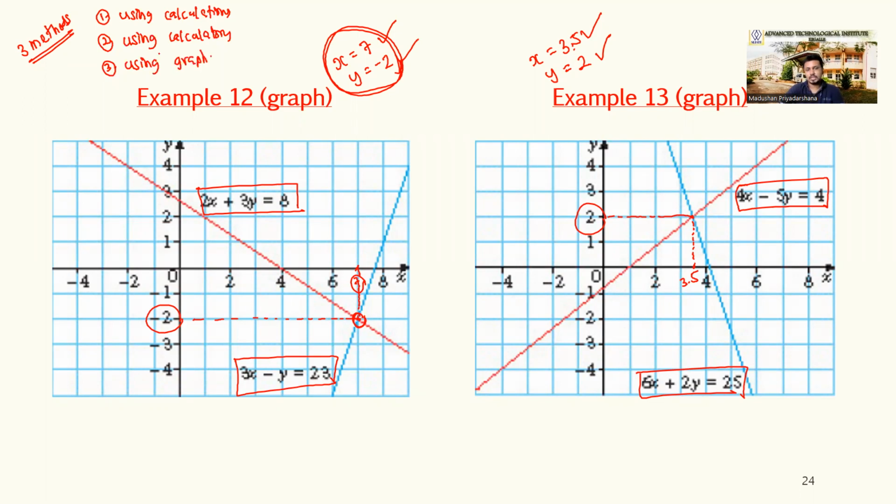You can substitute some values for x, find the corresponding y values, mark these points and get the straight line. Those are very simple stuff. So using graphs also you can find the values of x and y of simultaneous equations.